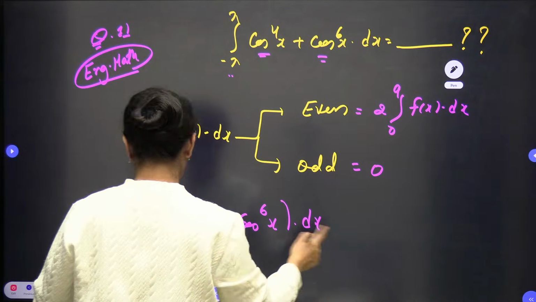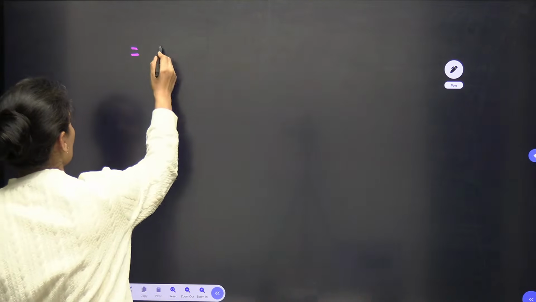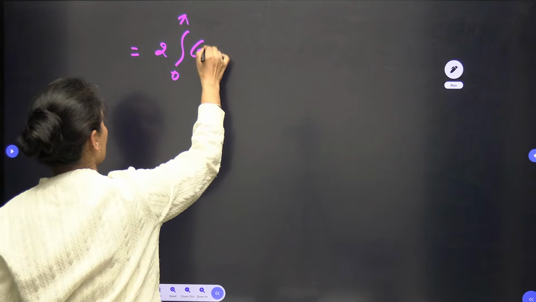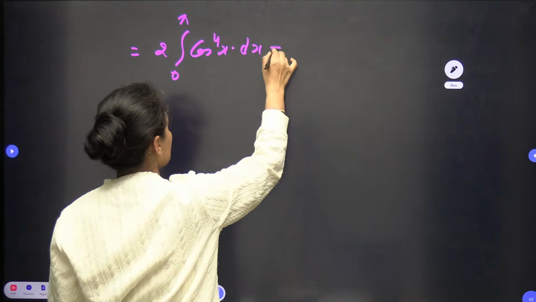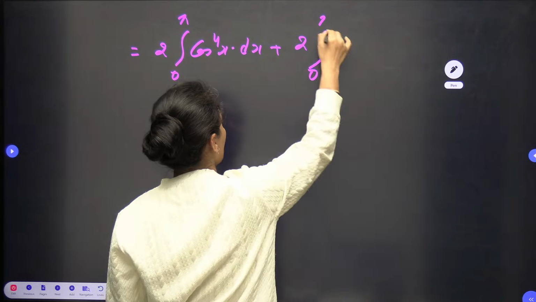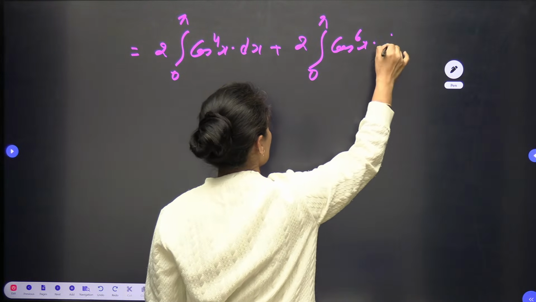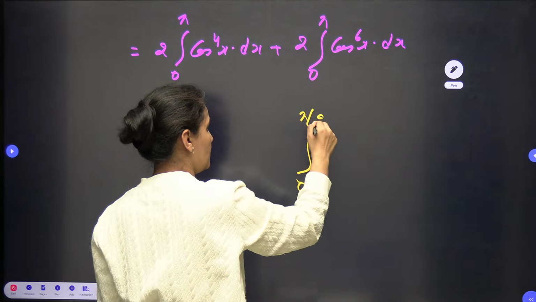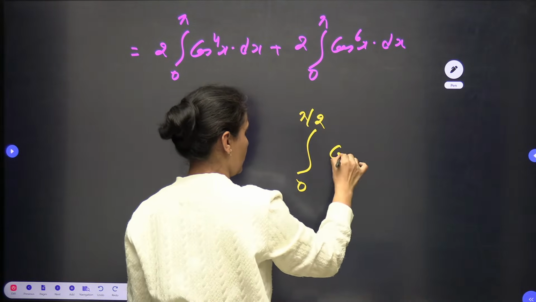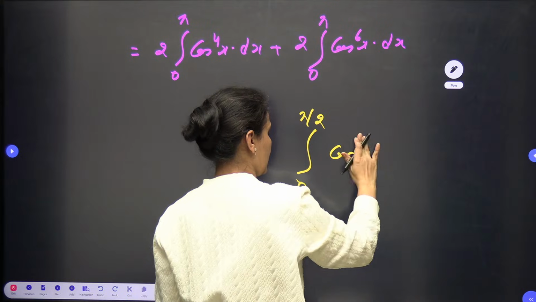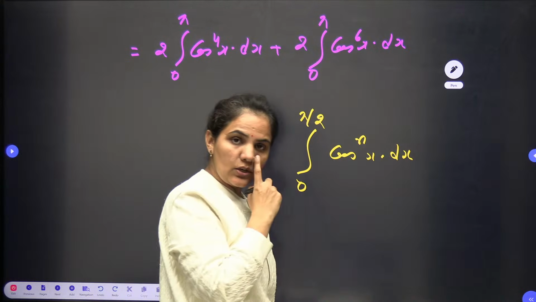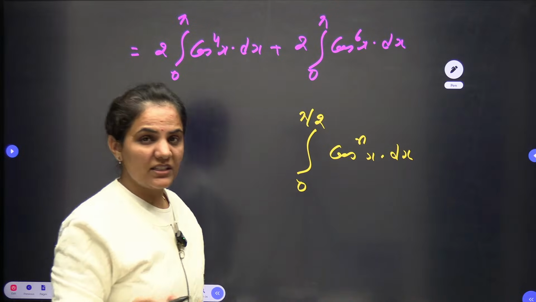If you want, you can split it separately: twice the integral from 0 to pi of cos power 4x dx plus twice the integral from 0 to pi of cos power 6x dx. We discussed in the classroom the simple form for the integral from 0 to pi by 2 of cos to the power nx dx or sine to the power nx dx.